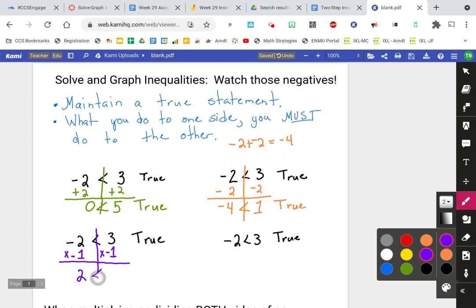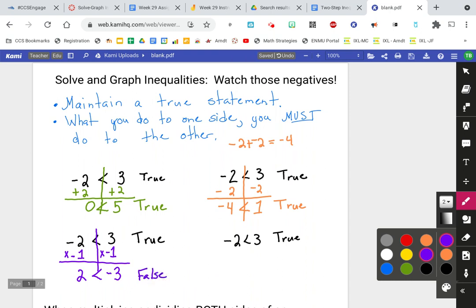I'm going to bring down my inequality symbol, and 3 times -1 is a -3. So I want you to look at our statement. Now we have 2 is less than -3. Huh? That is absolutely false.